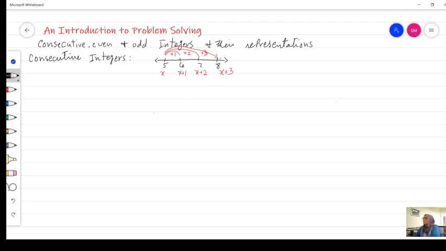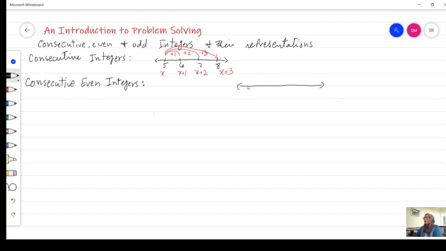Okay, let's talk about consecutive even integers. For this, I will draw a number line up here because I don't want to mess with the other one, like this.